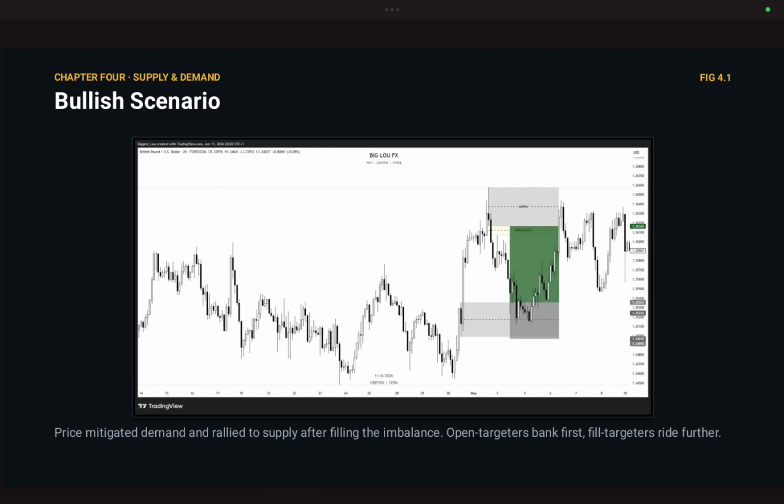Third objective target is using the imbalance fill, which is the opposing zone, either supply or demand. The fourth objective target is using the trend inception, opposing liquidity at the inception of a trend, so it clears the full trend.